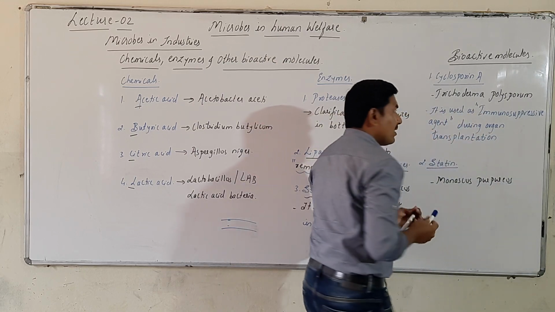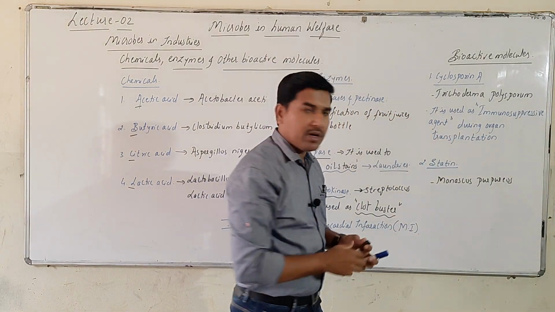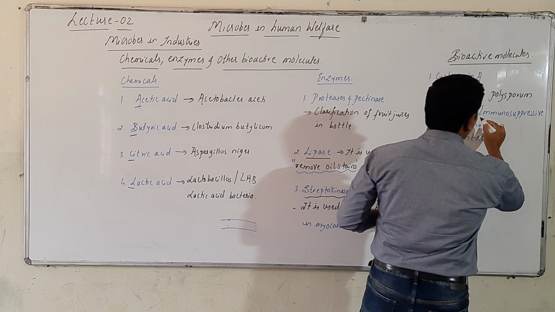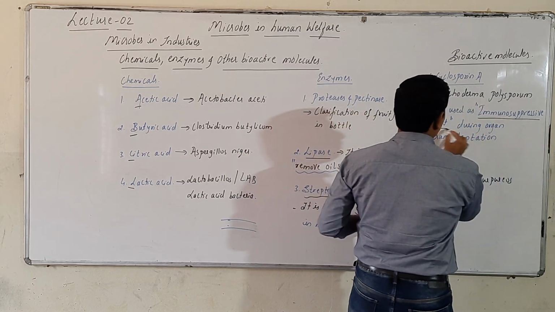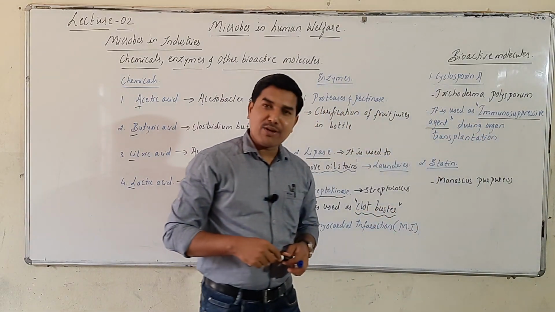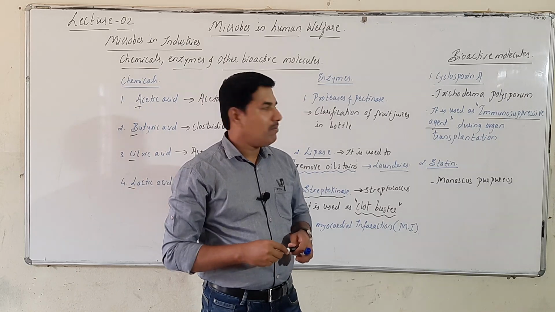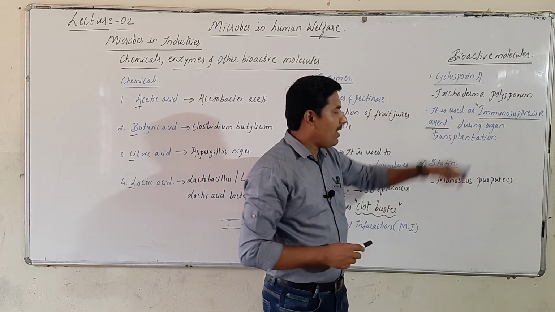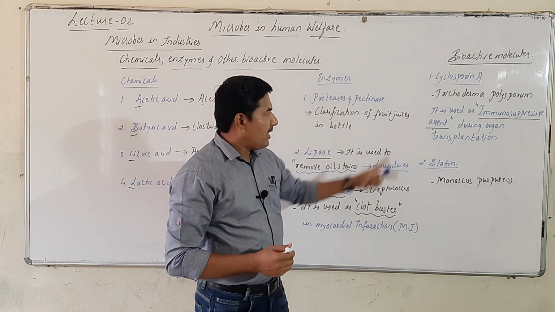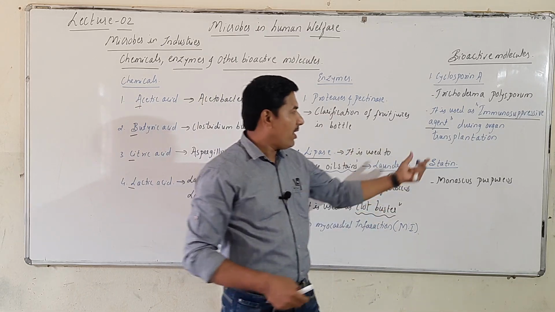During organ transplantation, this is most important. Again, it is an objective part, which is used as an immunosuppressive agent. It is cyclosporine A, produced from Trichoderma polysporum. It is used in the form of injection.